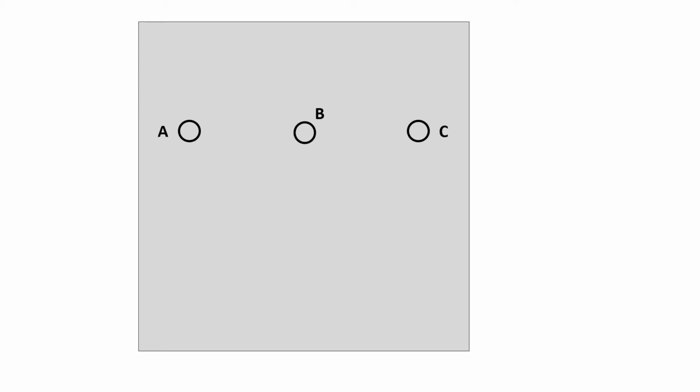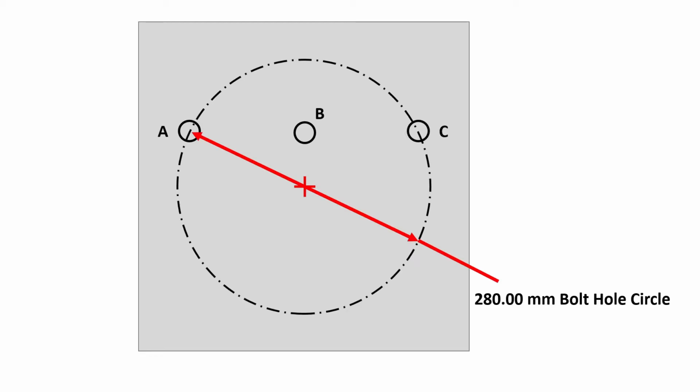The centers of holes A and C lie on the 280 millimeter diameter bolt circle. The center of hole B lies on the intersection of chord AC and line segment OB. Line segment OB is perpendicular to AC.